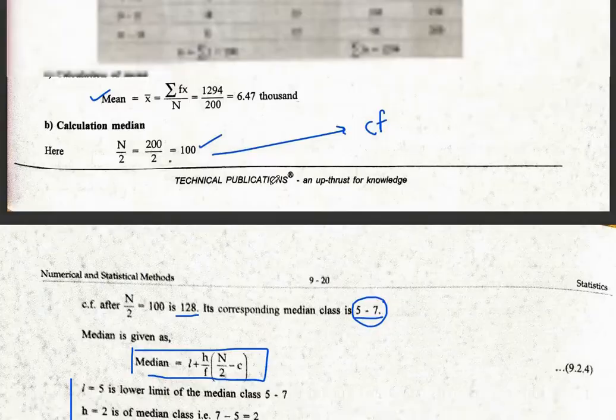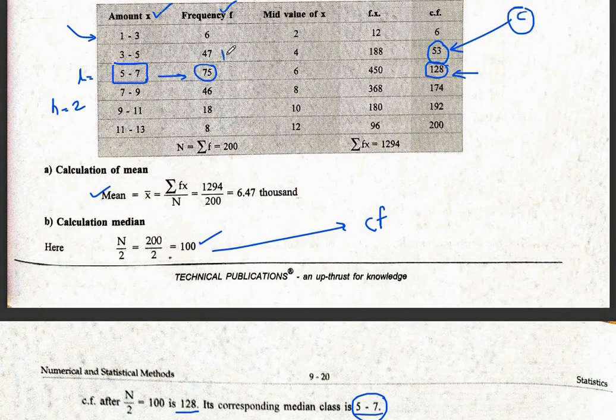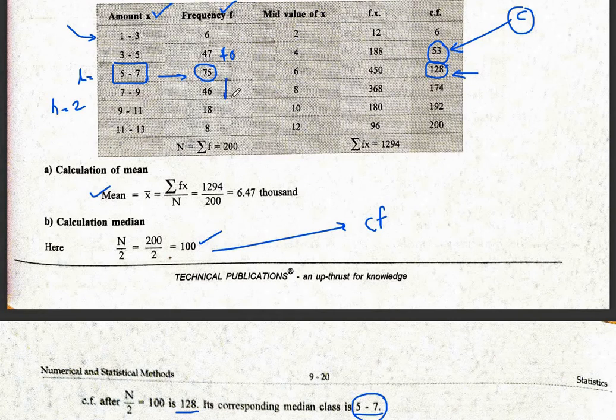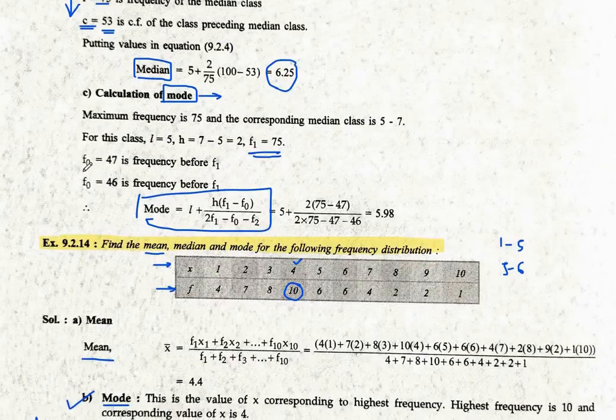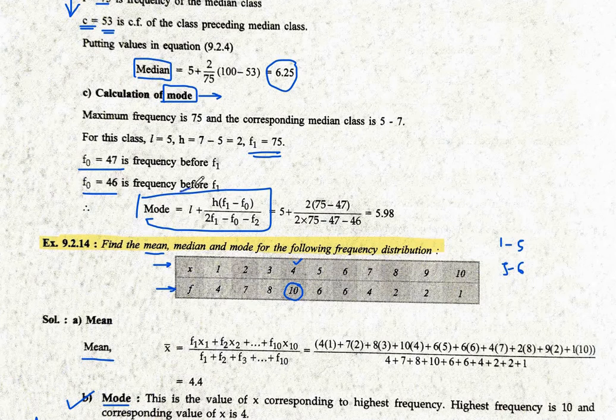f0 is the preceding value of the frequency, that is 47, and f2 is the succeeding value, the one after 75, that is 46. So 47 is before f1, that is 75, and 46 is after f1.